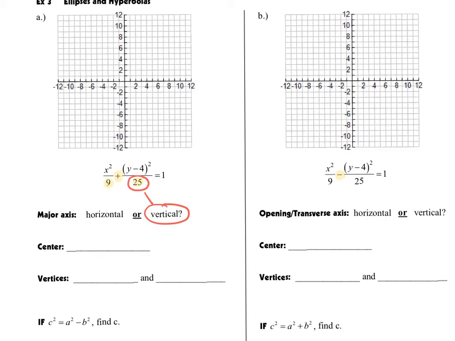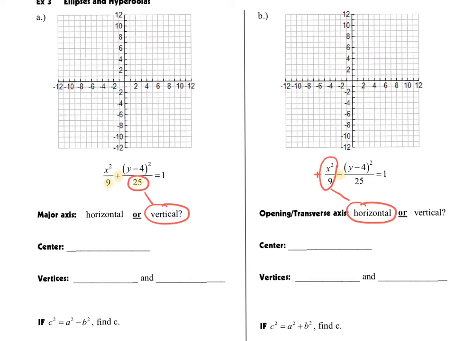On the hyperbola, remember we have an implied positive sign here in the front, and when we write the hyperbolas in standard form, we always lead with the positive. So what we're looking at for the hyperbola is this whole positive term, and since that term is regarding our x's, that's going to tell us that it's going to open in the horizontal direction.